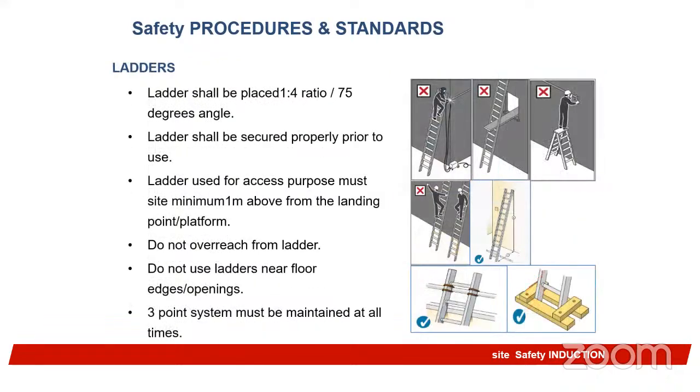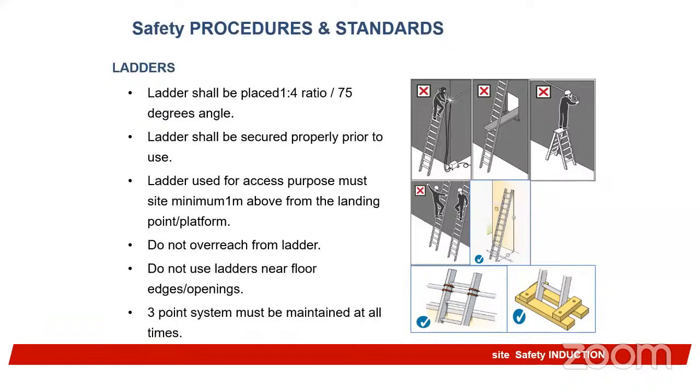Then your ladders also. Yeah, that's what we said, safe work method statement. So ladders also, there are standards for the use of a ladder. We know about the ratio 1:4 or 75 degrees. That is when you look at it from the wall or the vertical area and the ground floor.